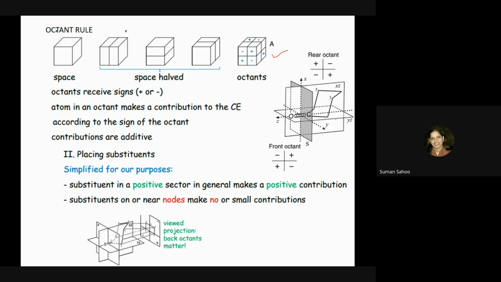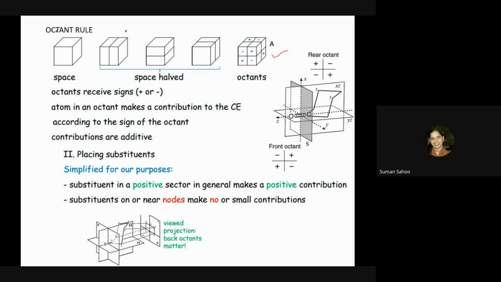Whenever you have a substituent or any group in an octant, it contributes to your Cotton effect. If that substituent or group is present in a minus octant, it is going to give you a negative Cotton effect.